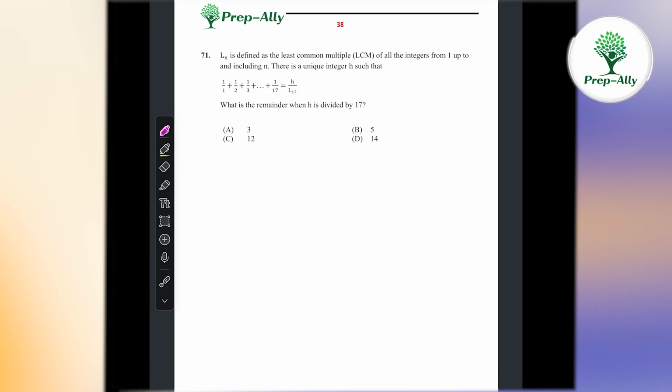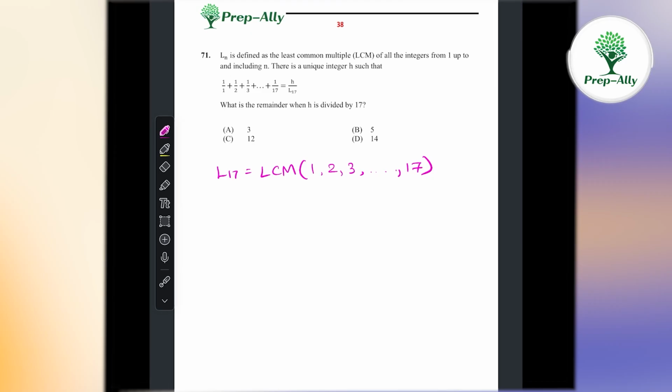So there is a unique integer h such that 1 by 1 plus 1 by 2 plus 1 by 3 up to 1 by 17 equals h by L17. So what is L17? L17 equals LCM of 1, 2, 3 up to 17, right?